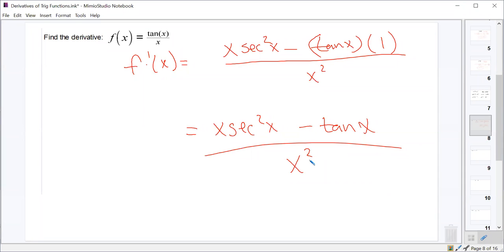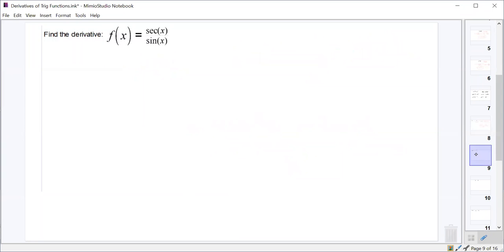Okay. So all we've got now to do is to use the product and the quotient rule to deal with derivatives of trig functions. So again, this one here is a quotient rule problem.